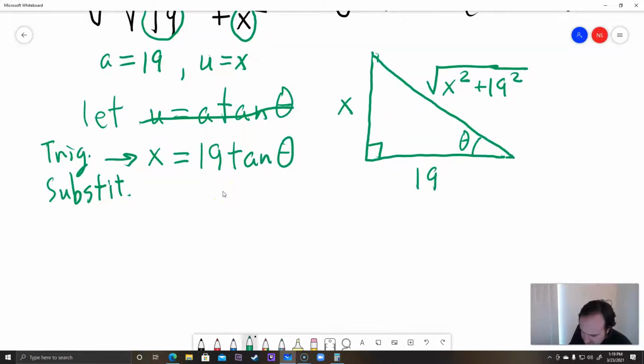So if I take the derivative of both sides, I get dx equals 19 times, well, here we have to do the chain rule. So we take the derivative of the outer function, which is tangent, and what's the derivative of tangent? Well, remember, it's actually secant squared.